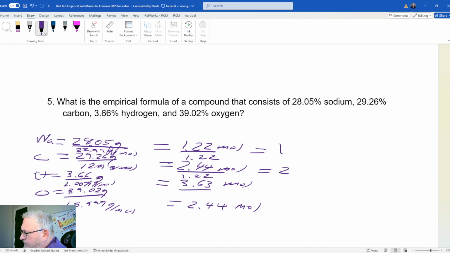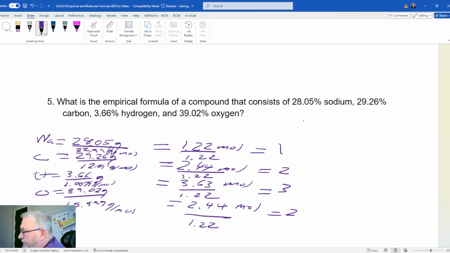I divide this by 1.22, I should get 3. Close anyway. I got 2.98, so that's 3. We're rounding. 2.44 divided by 1.22, that's going to be 2.